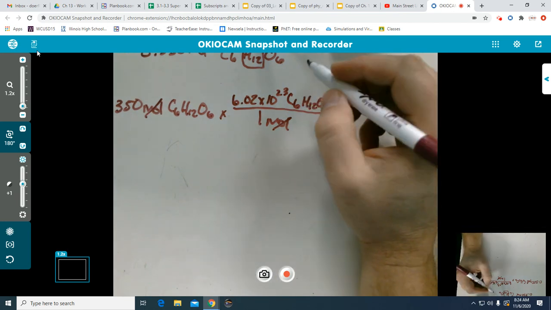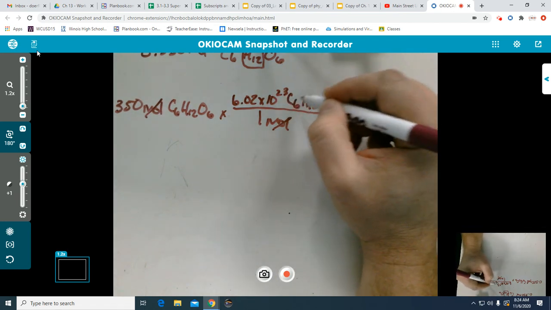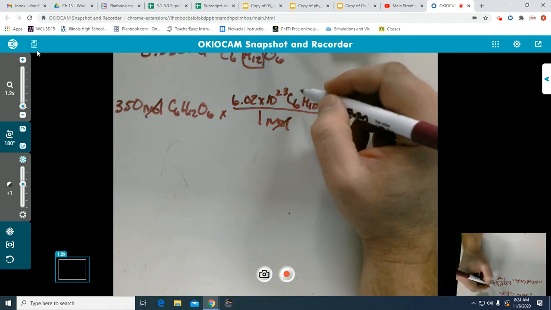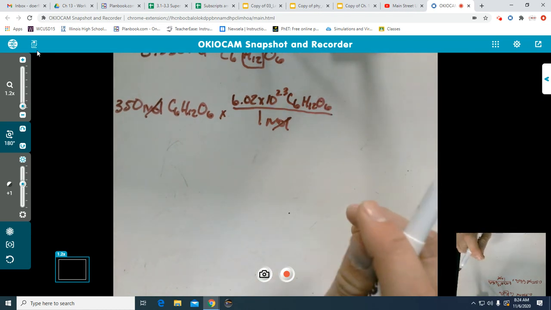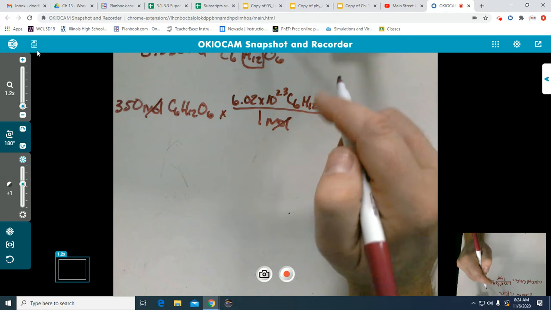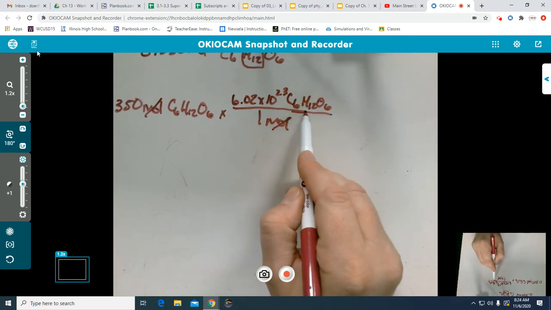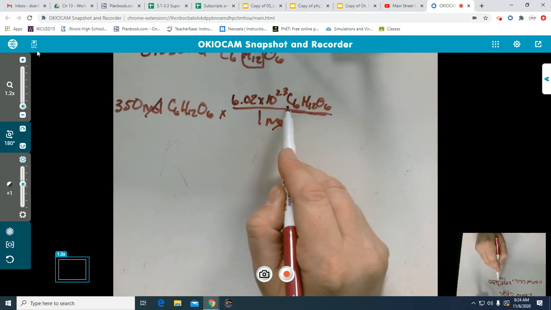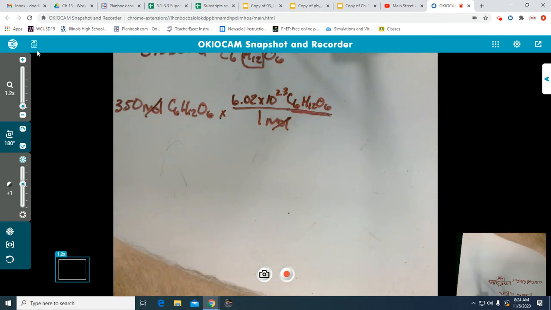Now, after we cross everything out, do we have molecules or do we have atoms right off the bat? What's written right here? We've got molecules. So how do we get to atoms? Here's how. Okay.